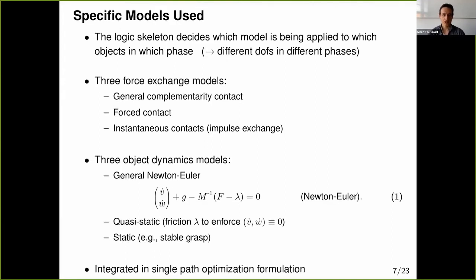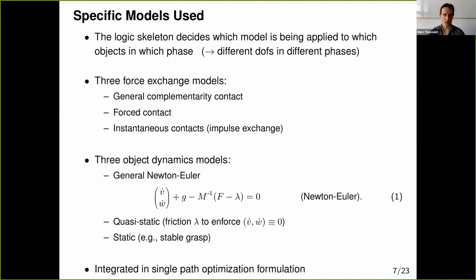So what are actually the specific models that we use? There are two technical pieces for that work to get it going and get it efficient. So one thing is similar to how we did it before. The setup is that one series of logic decisions, which we call a skeleton. This skeleton decides on which equations govern which objects, essentially.